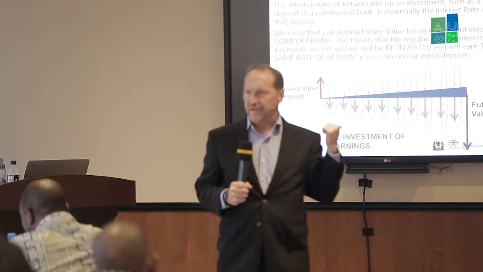Is the interest that you would earn on a bank deposit going to be the same as the internal rate of return on your high-risk investment? No, bank deposits are very low risk, very liquid, right? In PPPs, for all of the risk they're taking, investors. So you have a problem here: the traditional IRR model doesn't really fit a lot of PPP projects.